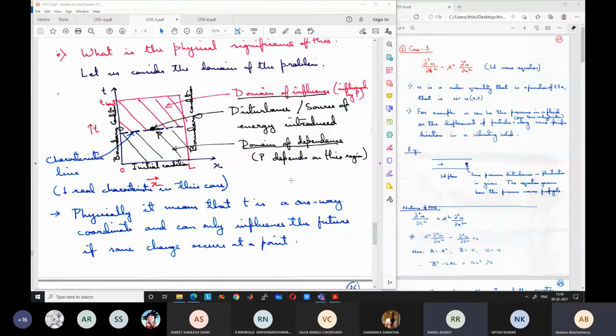Okay, so I am using a colloquial term, information flowing. It means that, say, you have a rod, or some metal bar, and you have introduced a heat source, like a heater, at the center of the bar.